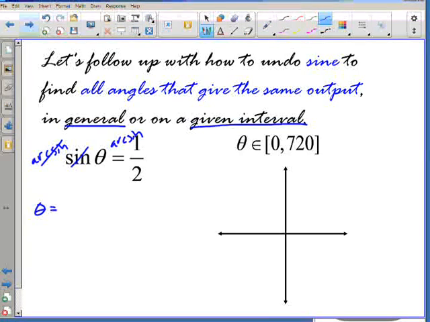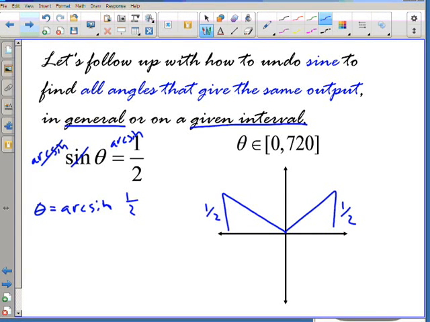So I get theta equals the arcsin of 1/2. And that's a nice trig exact ratio. We know that sine is positive and opposite of our angle above the x-axis.